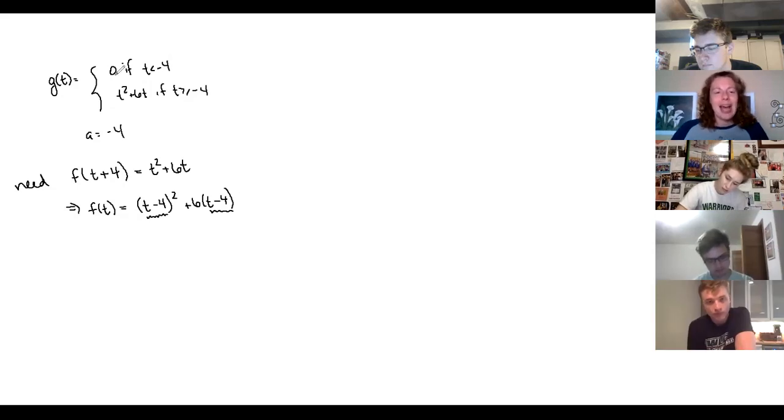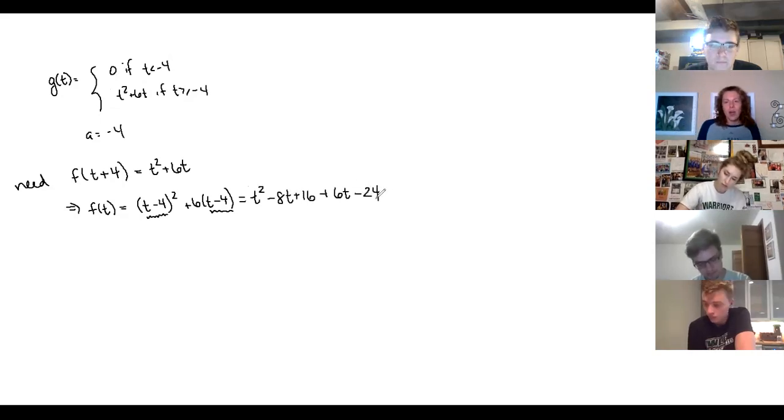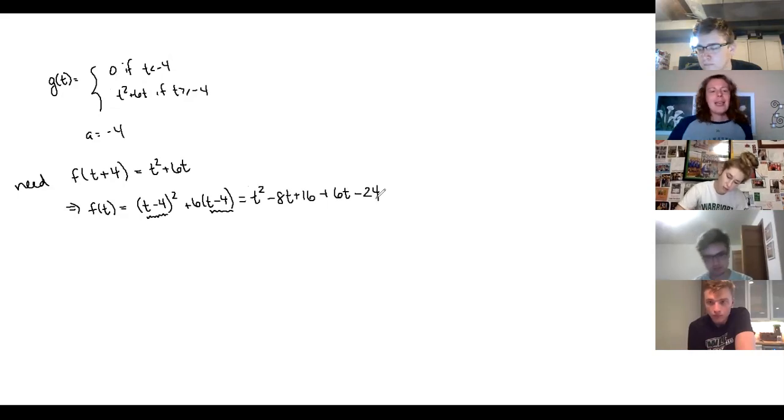So that means we have as a function t squared minus 8t plus 16 plus 6t minus 24, backwards. And so therefore you can simplify that to t squared minus 2t minus 8.